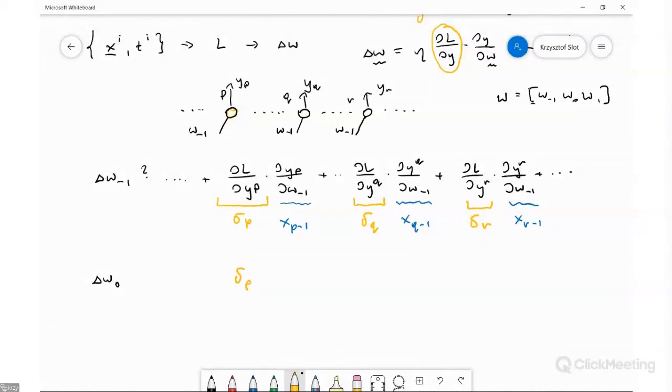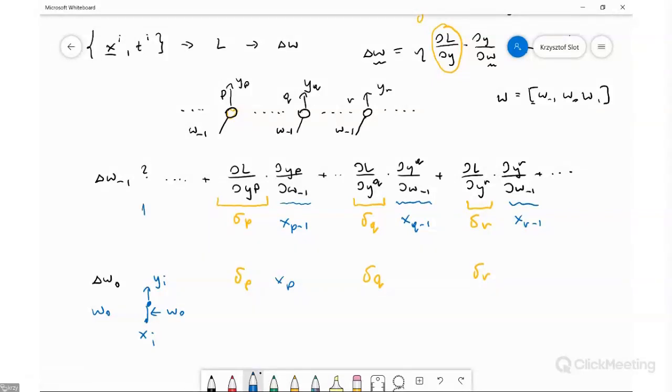There will be delta P, an error that is projected on the output of the neuron P. Here is an error projected to an output of a neuron Q, and the same with the neuron R. And here will be just XP, because this weight W0 is a weight that connects my input X. If this is a position I, this is an input I, and this is a weight W0.